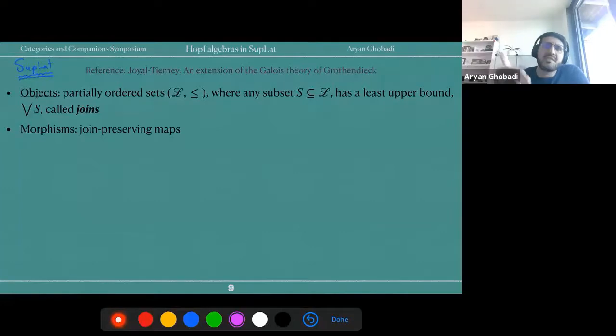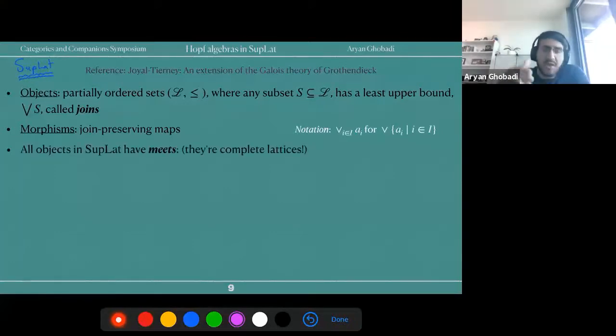And the morphisms are exactly join preserving maps. That's just standard notation. All of these objects are actually going to have meets as well. They're complete lattices because you can always take the join of everything that's a lower bound for your subset. So I'm really talking about the category of complete lattices, but focusing on only join preserving maps instead of join and meet preserving.